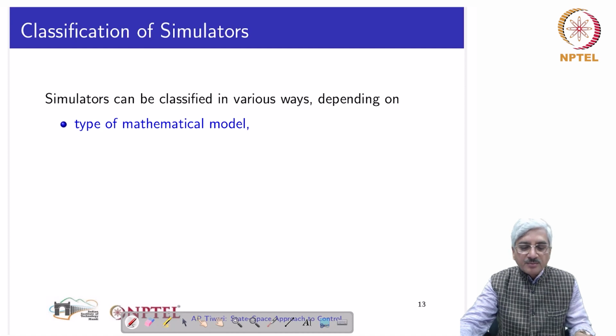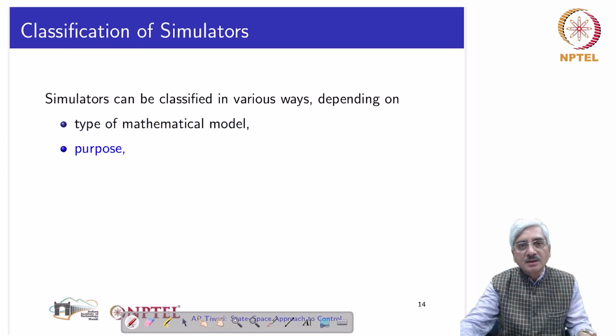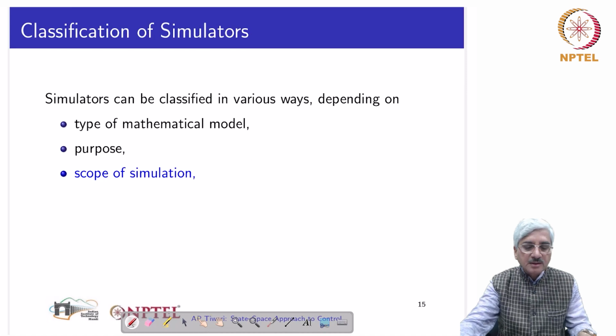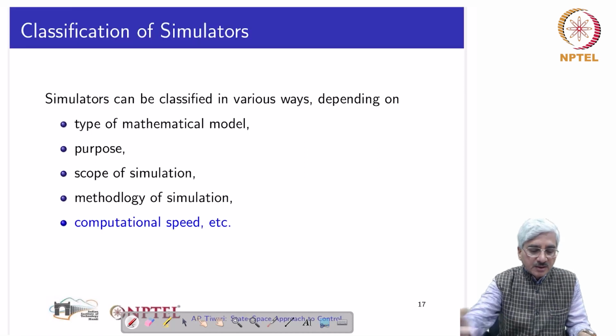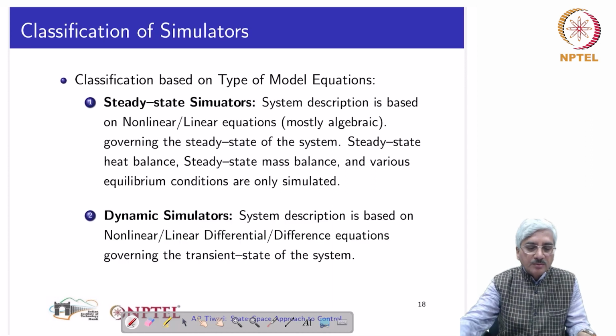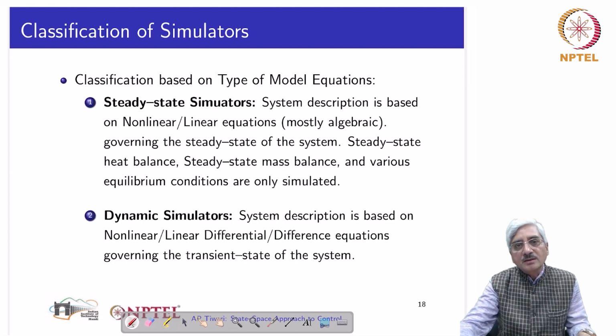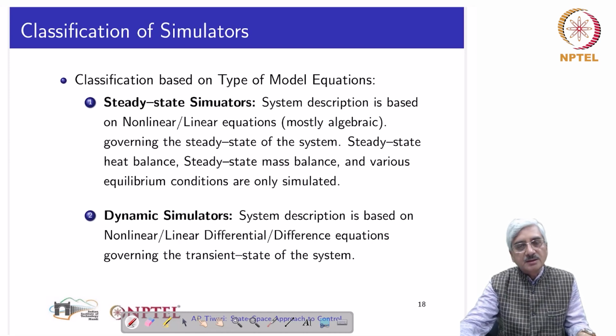Simulators can be classified in various ways depending upon the type of mathematical models which are used in simulation, the purpose for which the simulator is being made, the scope of the simulation, the methodology of the simulation, the computational speed, and so on. We will see one by one what the various classifications are possible. So first we see the classification based on type of model equations used in making the simulator.